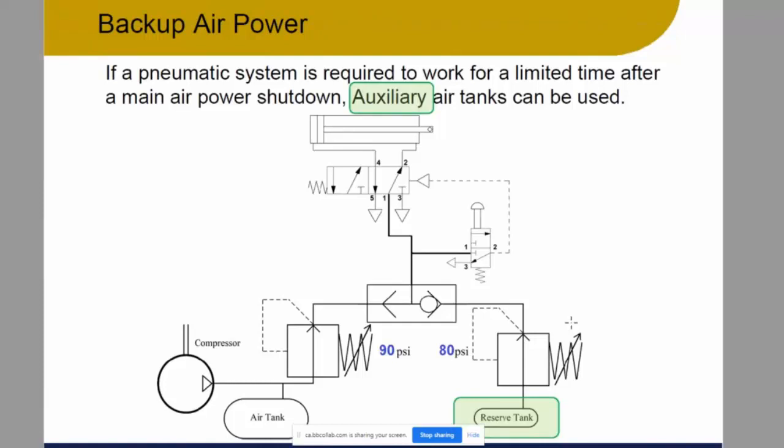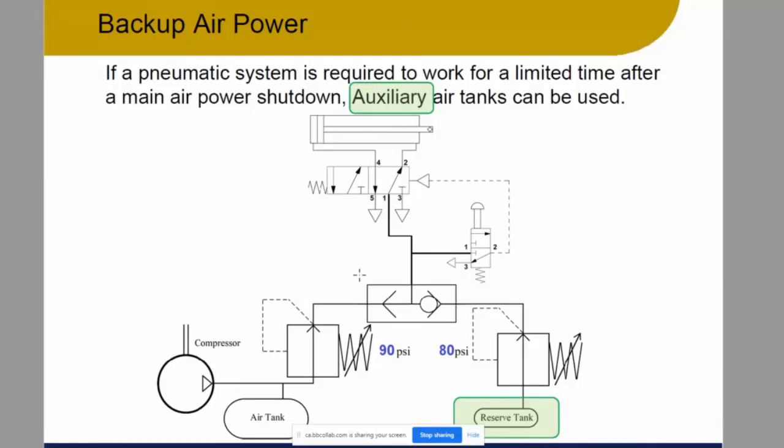We know that at some point, something in this system is going to fail. We will talk about what happens if an actuator fails, or if a DCV fails, or some other system that's controlling the actuator fails. But for now, I want to talk about what happens if the power goes out.